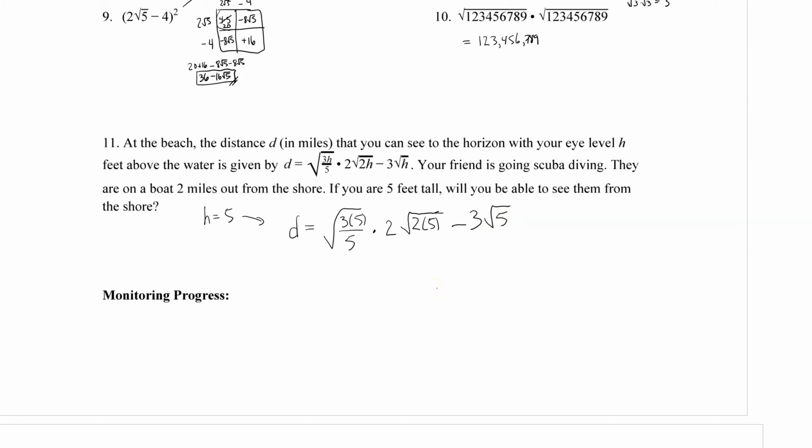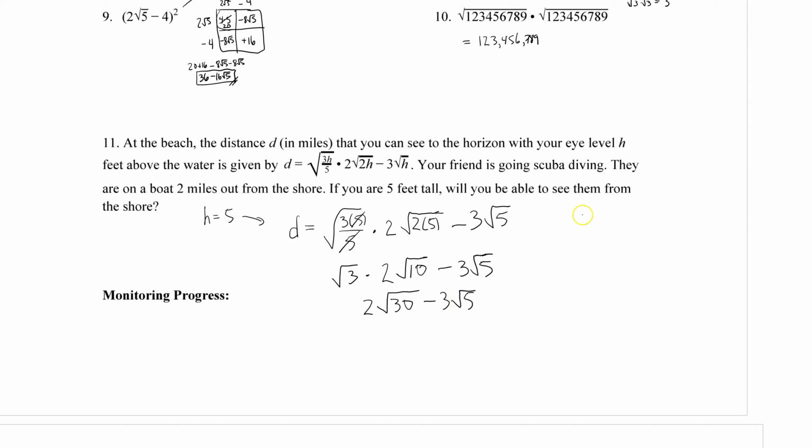And I can cancel those 5's inside there, so I get the square root of 3 times 2 times the square root of 10 minus 3 times the square root of 5. The square root of 3 times 2 times the square root of 10 would be 2 times the square root of 30 minus 3 times the square root of 5.